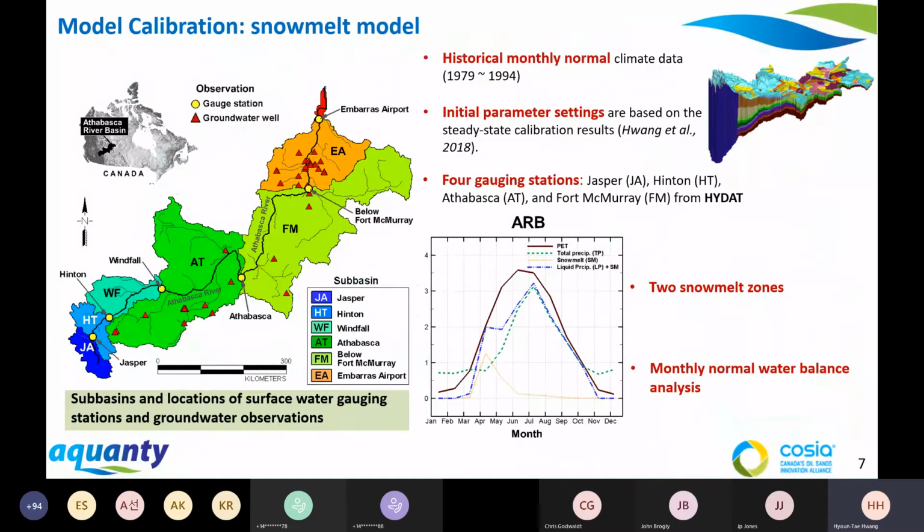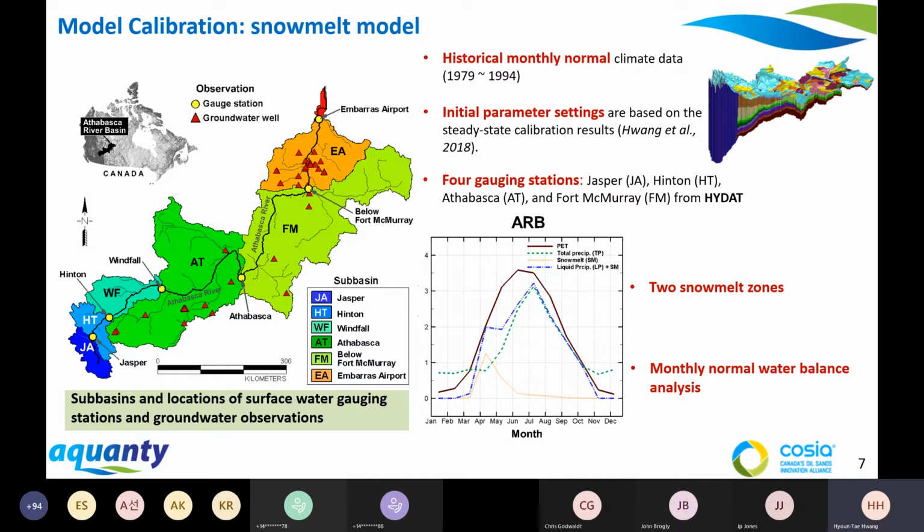And here, in the left figure, you can see the observation data locations, gauging stations, groundwater wells. And using these observation data, we perform the model calibration based on the historic monthly normal model.